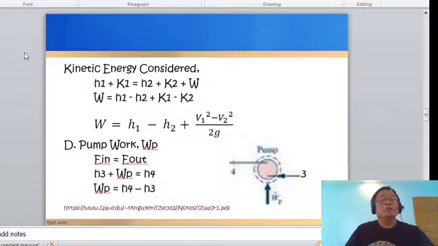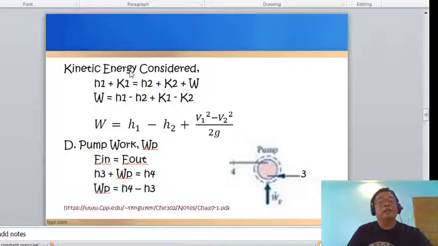So, you include the kinetic energy at 1 and the kinetic energy at 2. It is obvious if it is needed because the velocity is always given if the kinetic energy is included. But if there is no velocity given, you see to it that it is not included in the calculation. Okay?